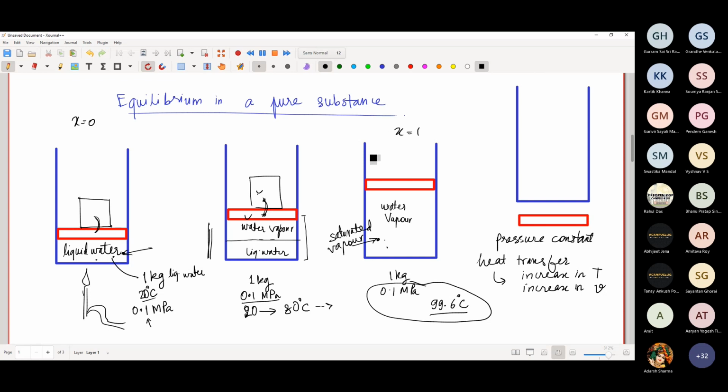You will always have some liquid, or you will always have some vapor. So this is the entire saturation zone. Saturation zone goes from saturated liquid to saturated vapor. Whatever the pressures and temperatures this corresponds to, they are called the saturation temperature and saturation pressure. Well, this point will be the saturation temperature, but all the pressures are going to be the saturation pressures.